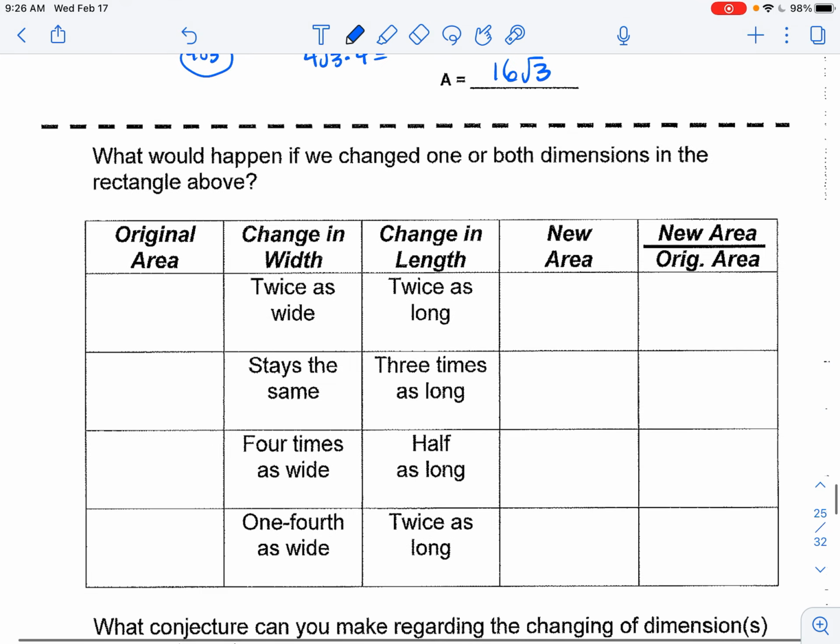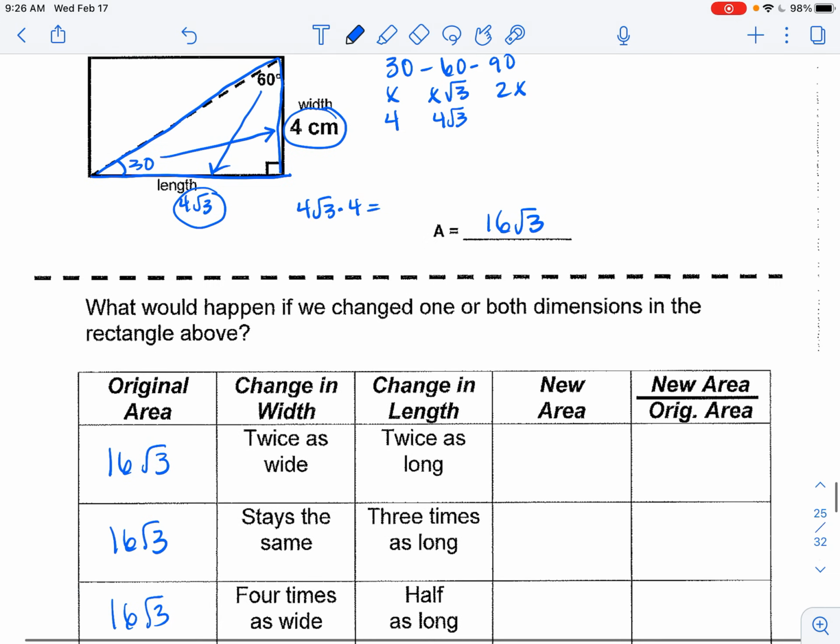Okay, so what would happen if we changed one or both dimensions in the rectangle above? We know that the original area is 16 root 3, and that's not going to change for any of these problems. If we change the width so that it's twice as wide, that means instead of having a side length that is 4, we have a side length that is 8.